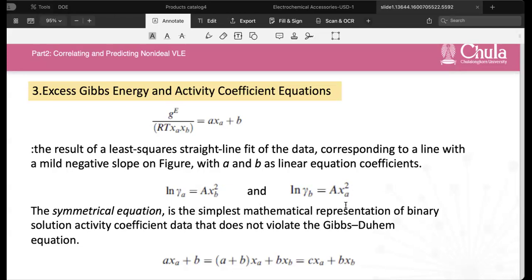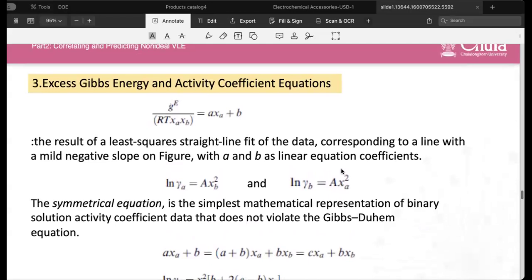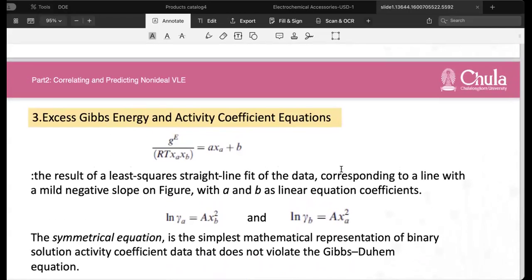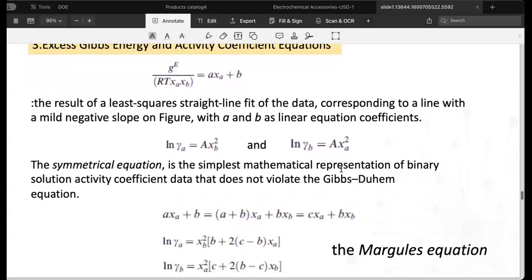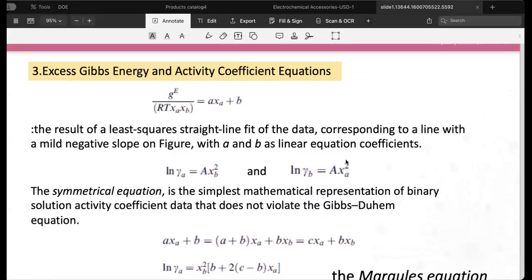And then you take the summation of it, and it becomes 0.